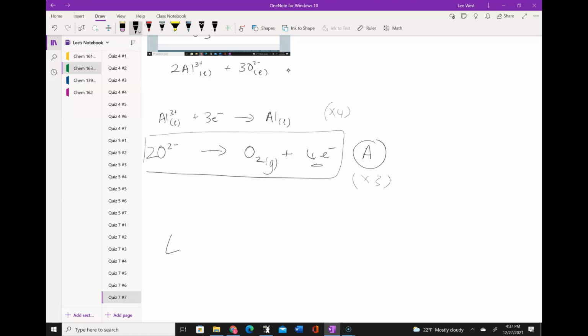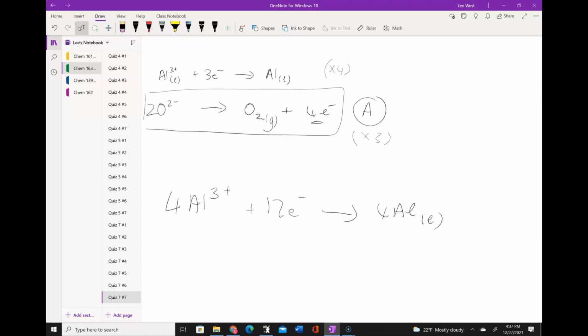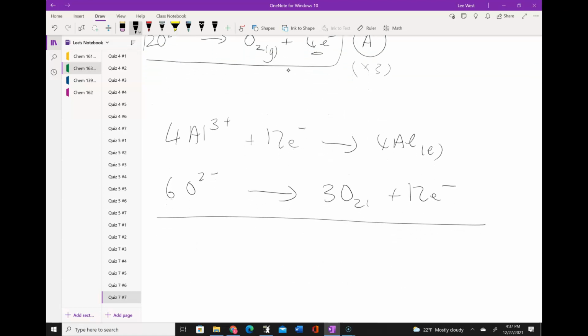So it would be exactly this: 4Al3+ plus 12 electrons gives 4Al, and that's going to be liquid. And then this gets times by 3, so 6O2- gives me 3O2 and 12 electrons. And then that's a gas, of course.